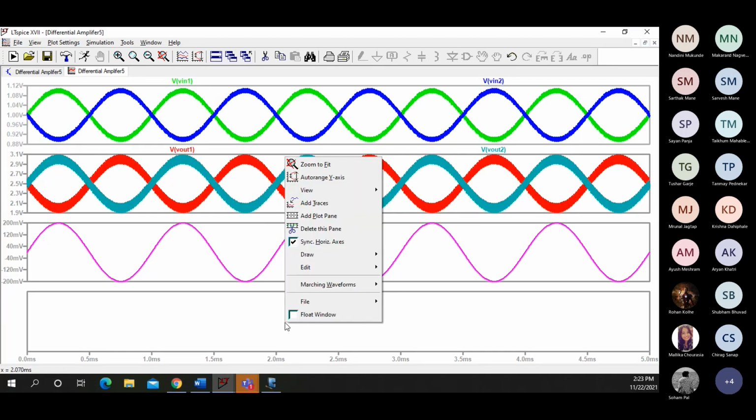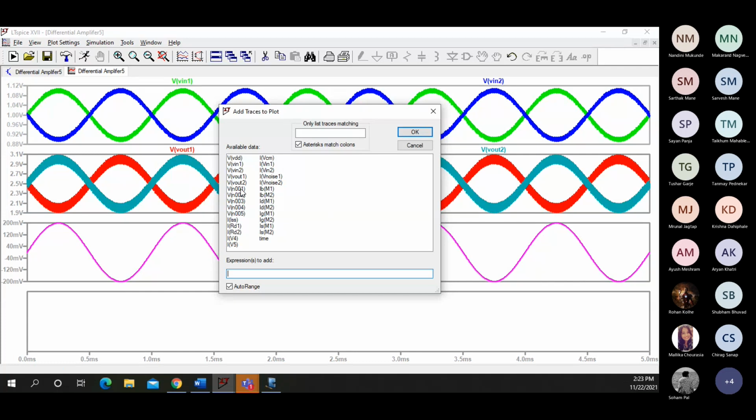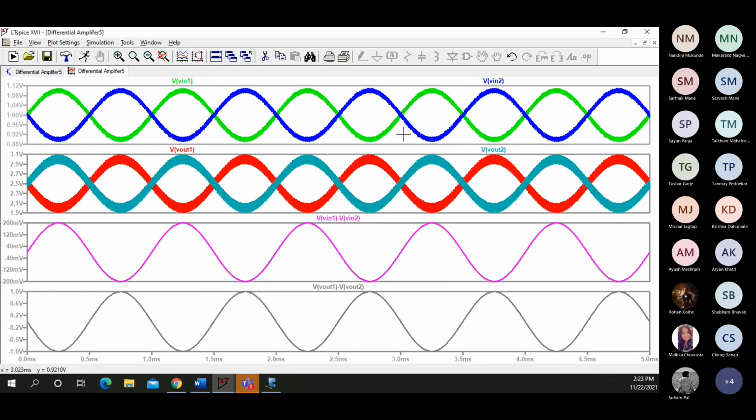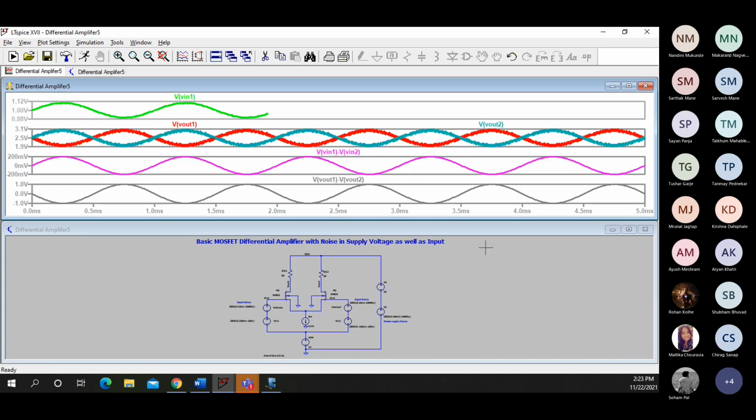Vin1 minus Vin2, Vout1 minus Vout2. So again you can see the difference. Now this is a scenario where there is severe noise, that is there is noise in the input as well as the supply, but still the differential amplifier performs well. Now I want you to show me this.